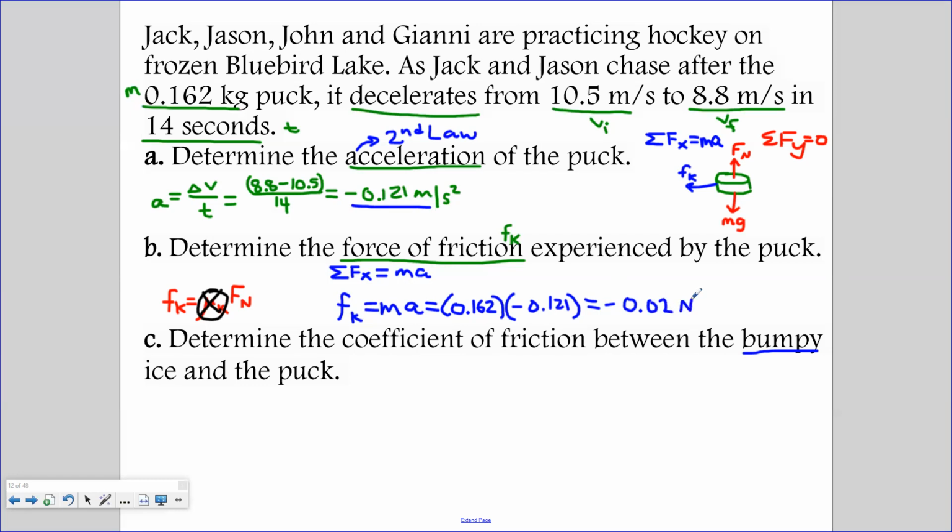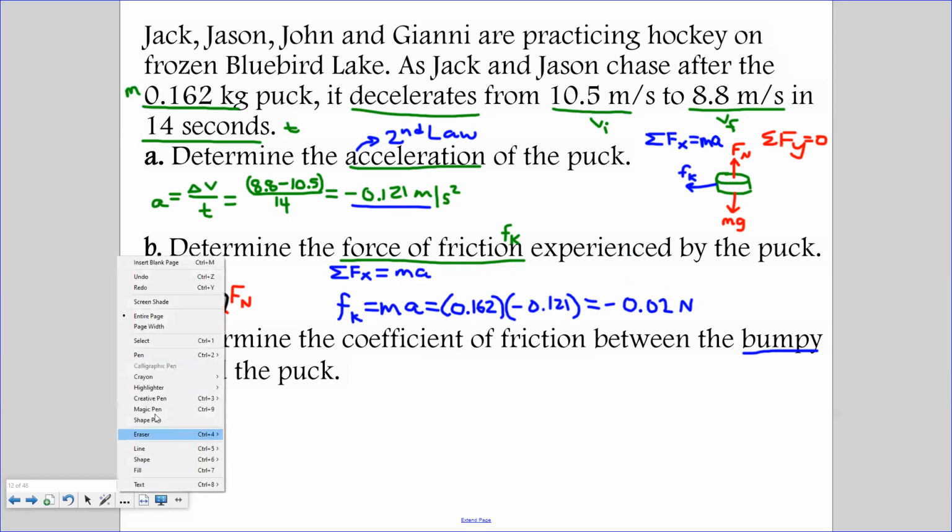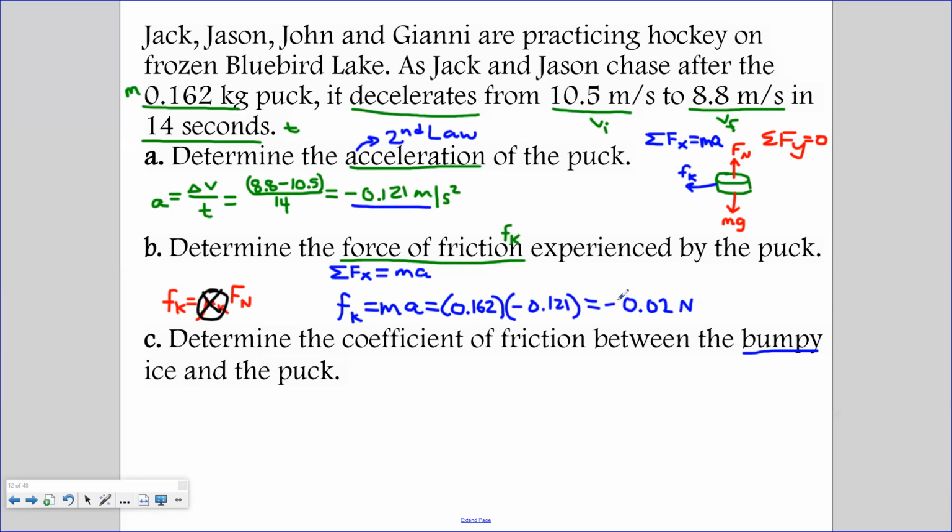So a very small amount of friction, right? We are accelerating very slowly, 0.12 meters per second squared. That's not a lot of acceleration, right? Remember, this negative sign just means backwards. So that tells us our magnitude is 0.02 newtons and our direction is backwards.